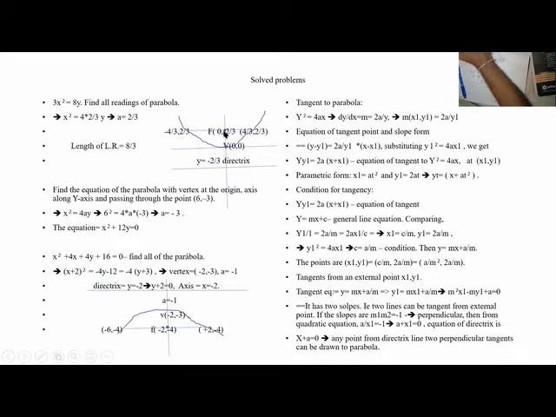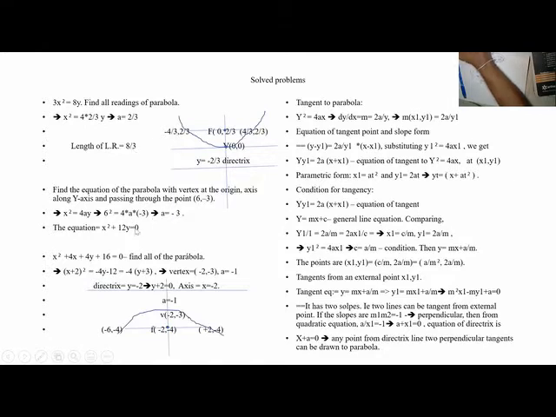Because this distance is equal to this distance, the vertical distance from the line. But here a plus a, 2a, and 2a is nothing but 2 into 2 by 3, 4 by 3. So it goes to the negative x-axis minus 4 by 3, positive x-axis plus 4 by 3. So what is the distance between the latus rectum points? 4 by 3 plus 4 by 3, that is 8 by 3.